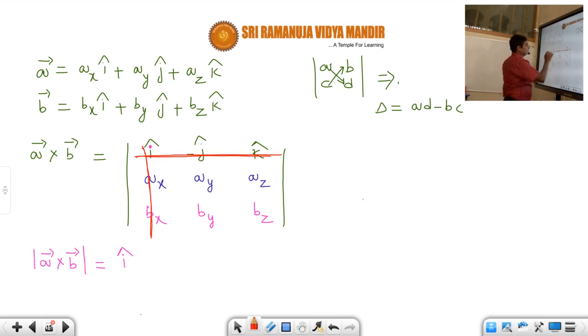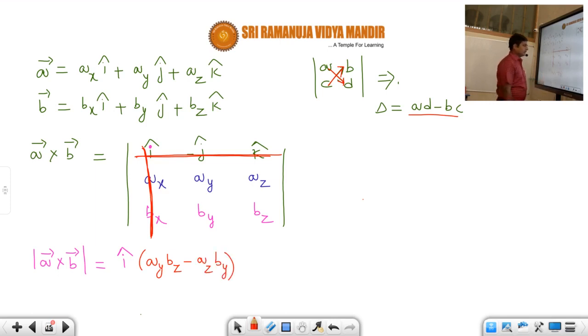That means whatever the red line we have drawn, those elements are eliminated. Now the remaining are AY, AZ, BY, BZ. So this is a 2 by 2 matrix. How to calculate its determinant? Product of this diagonal minus product of the other diagonal. That means AY into BZ minus AZ into BY.